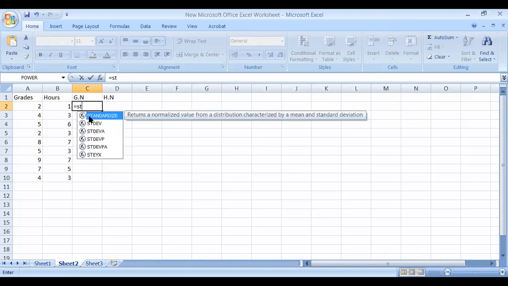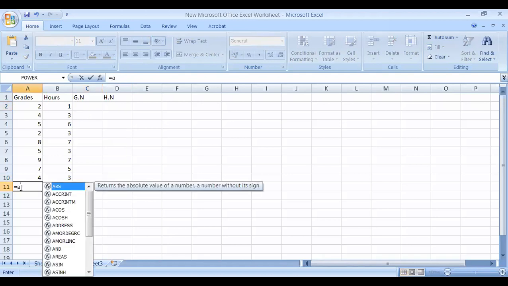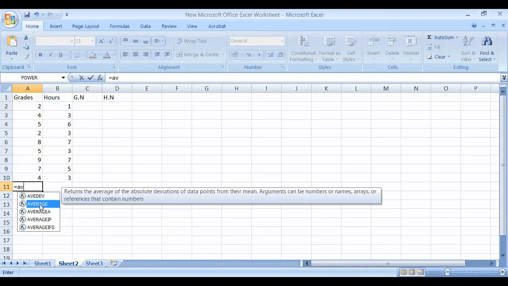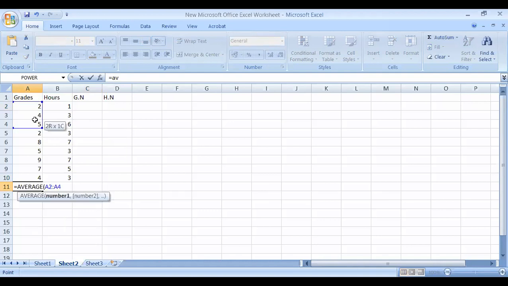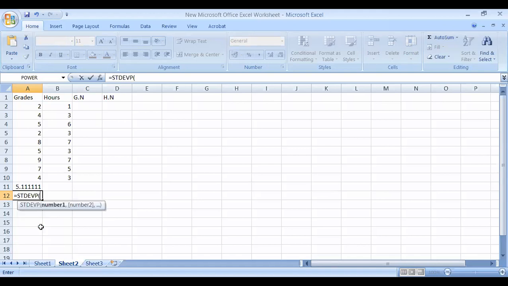Okay. No. Before normalizing, we should have the mean of the data. Okay. Let's take the average. So we take the average of this data. Okay. And we also need the standard deviation of this data. So we will write standard deviation with the P for population, right?